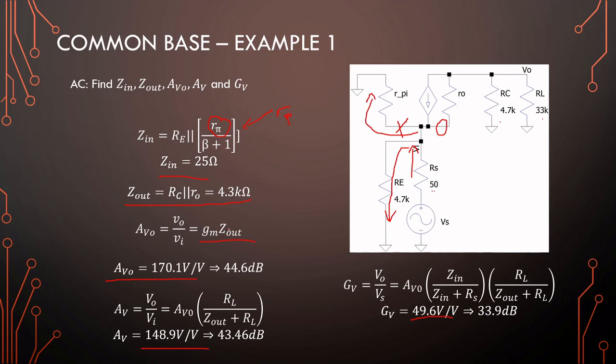The common base is also very easy to design because the biasing resistors don't interfere anywhere with our parameters.